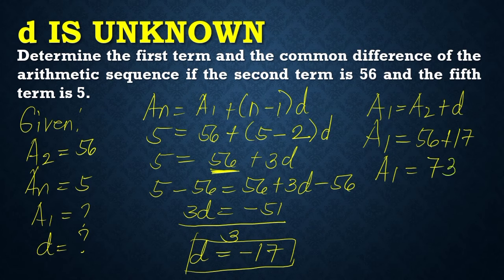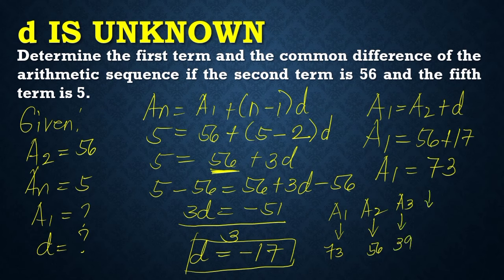So, ayan. I-check natin. So, if the first term is 73, second term natin, mag-add ka ng negative 17, lilitaw yung 56. And then, mag-add ka ng negative 17 ulit, lilitaw naman yung 39.